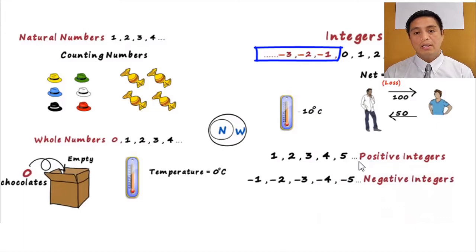The ellipsis dot dot dot means there are more positive integers more than 5. Okay? And there are infinitely many positive integers. It means we cannot count the exact number of positive integers because it has no limit or no end. So as with the negative integers.